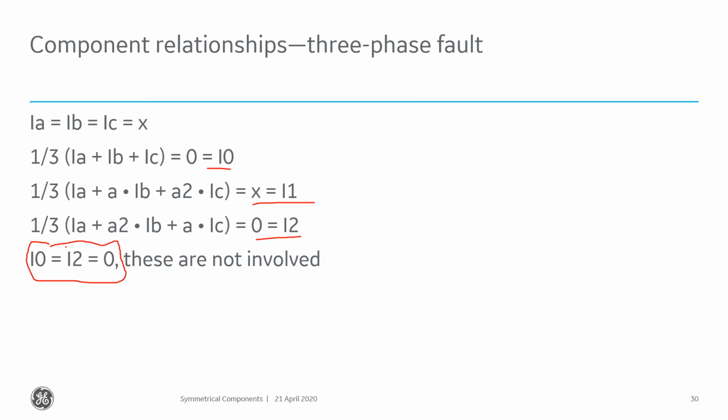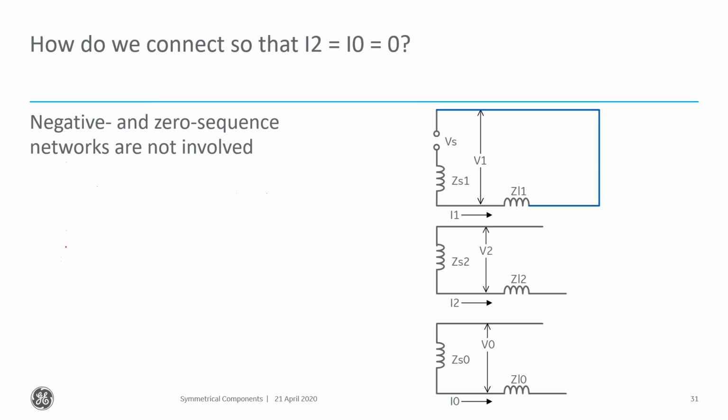The zero sequence and the negative sequence currents aren't involved. So that means those networks aren't connected. So for a balanced 3-phase fault, we only have positive sequence currents flowing, and the positive sequence network is the only one involved. This is also what we expect for normal, balanced load conditions.